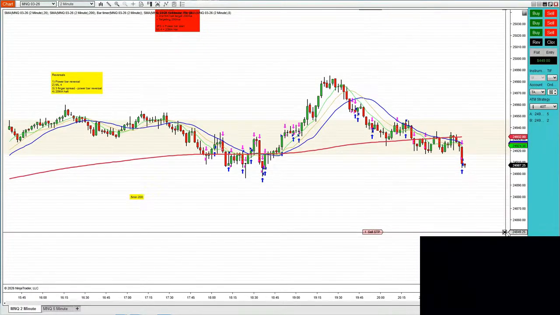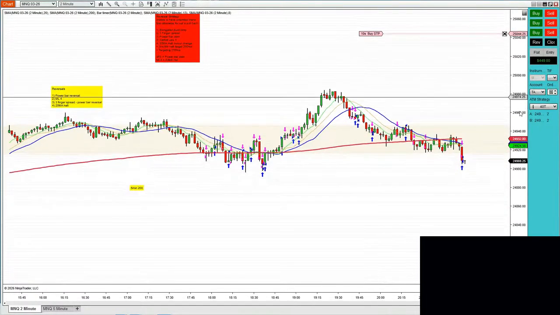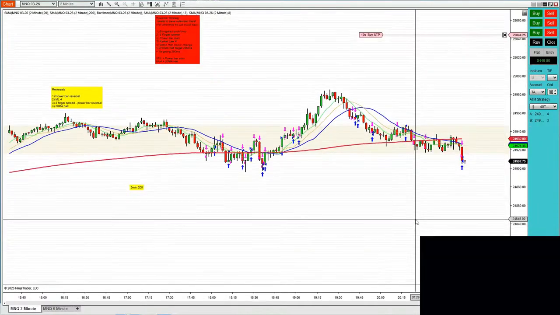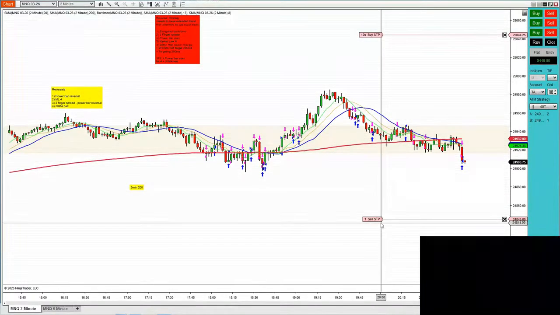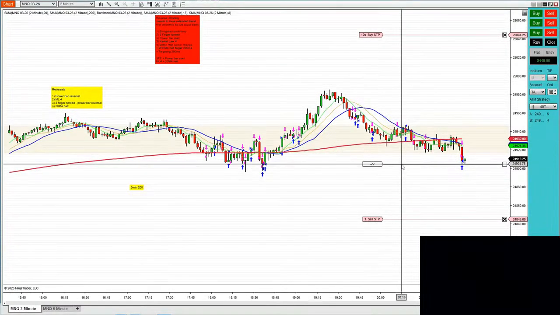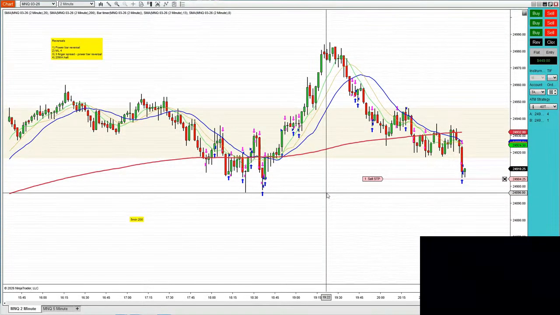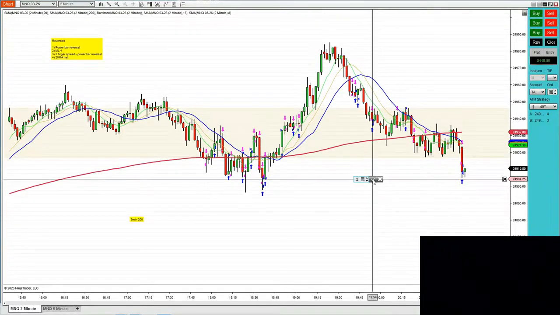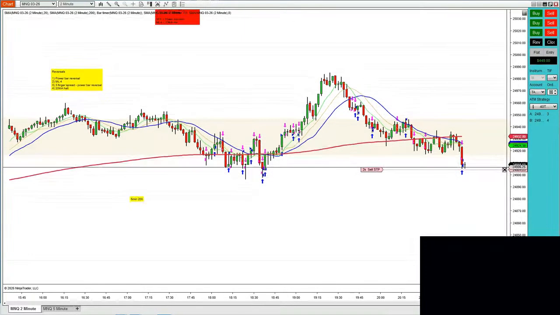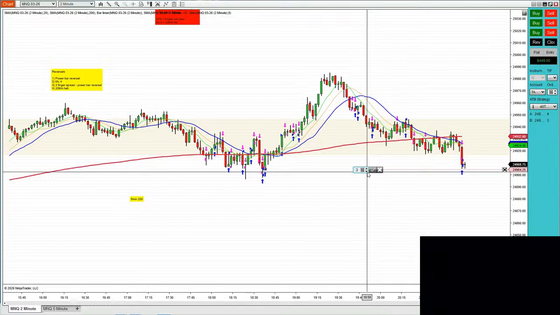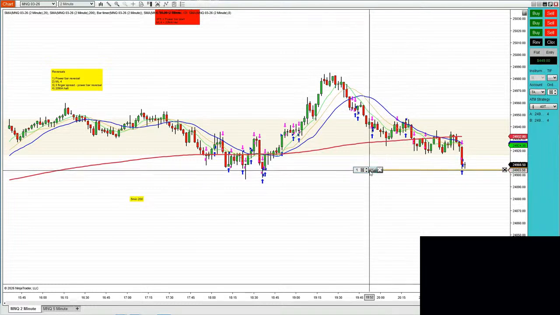No, we stuffed that trade up, so let's leave that. No, let's run this. If we get a color change, let's run this for sure, because we want to take out those lows. Let's go one contract.